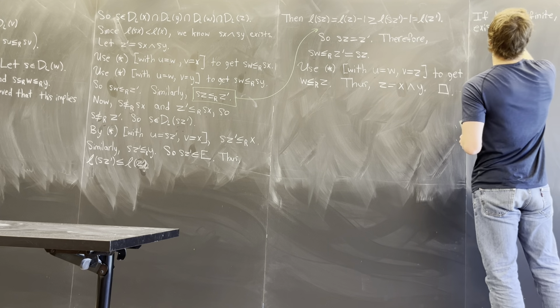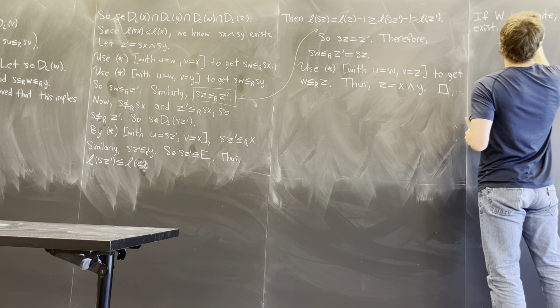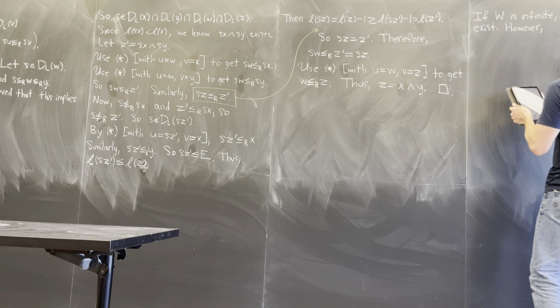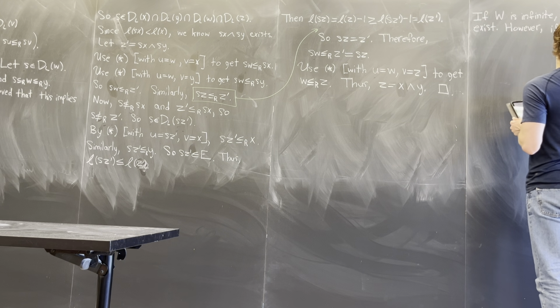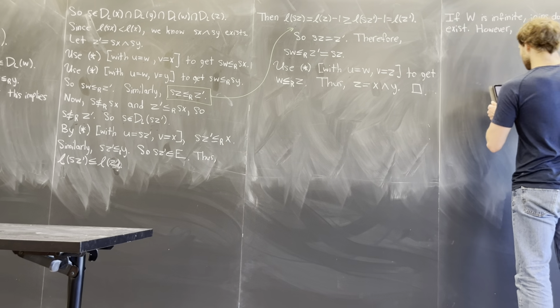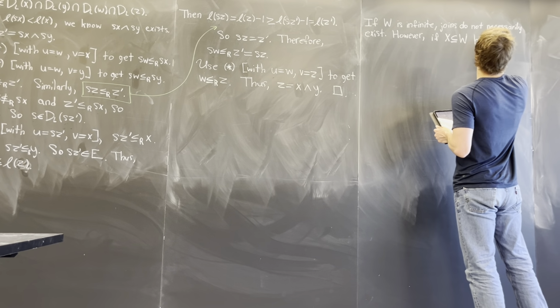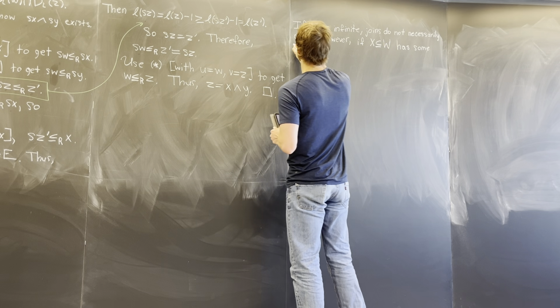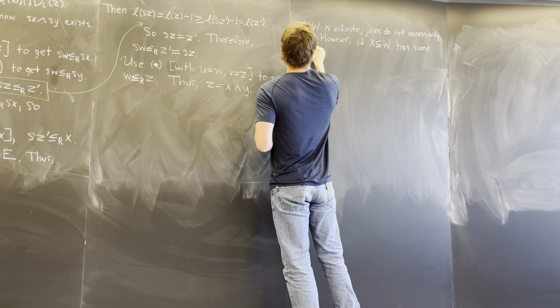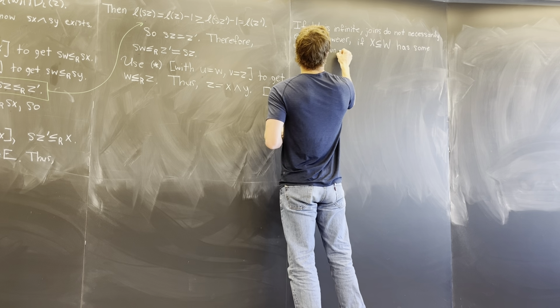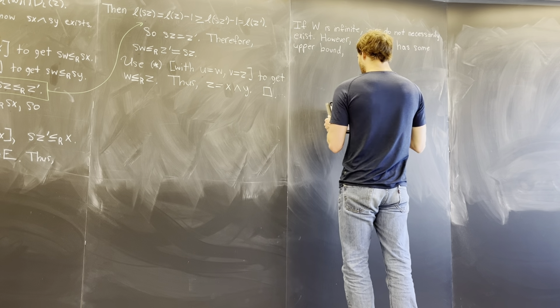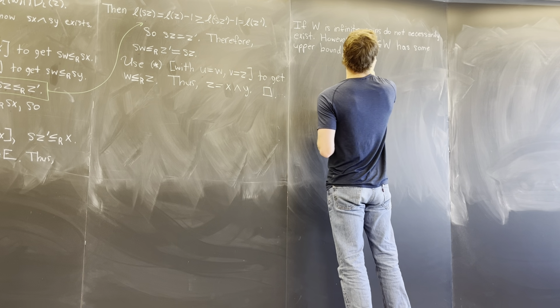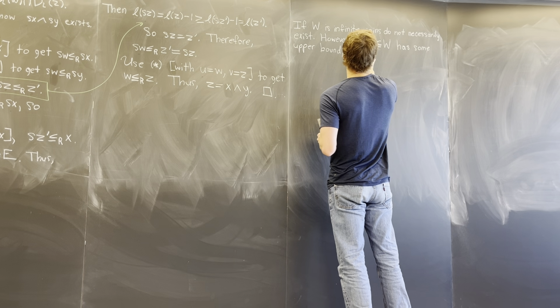However, if X is some subset of W that has some upper bound, then it has a least upper bound. In other words, a join.